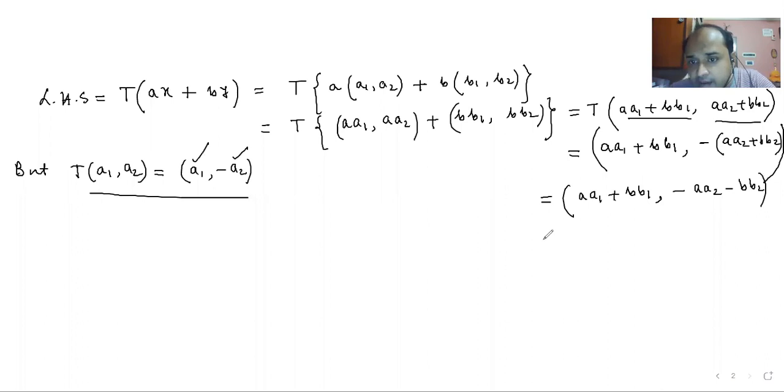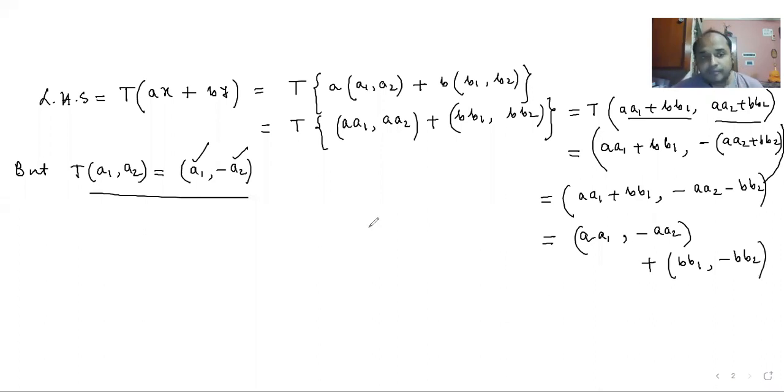Now you see, by using the coordinate-wise vector addition, I can separate this particular thing in the following manner. I can write it as (a1, minus a2) plus (b1, minus b2).